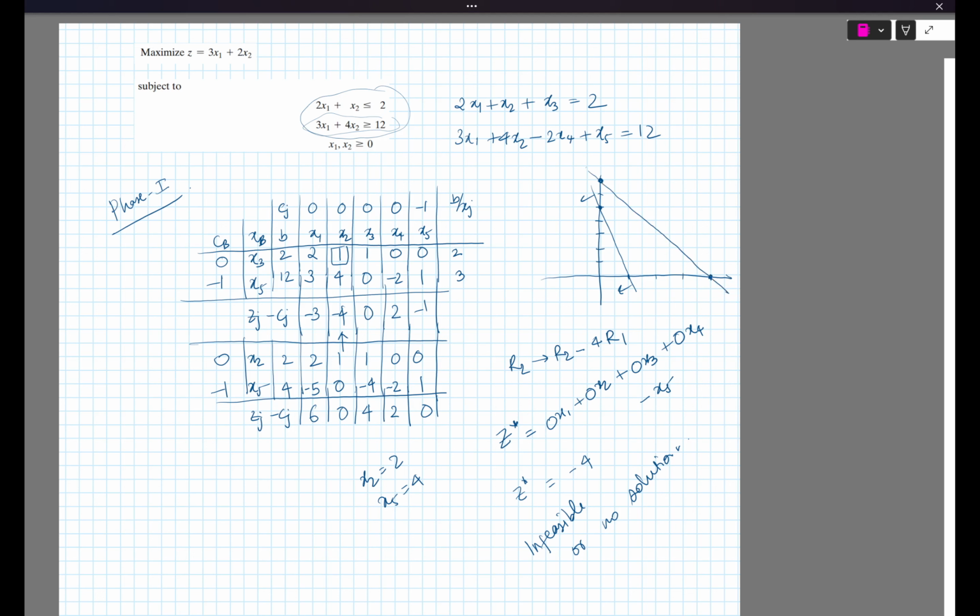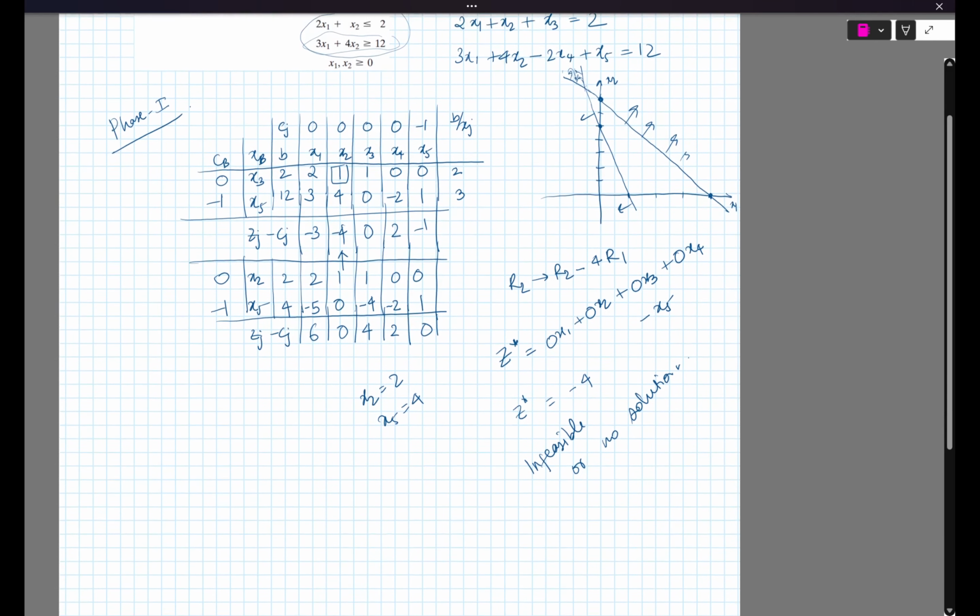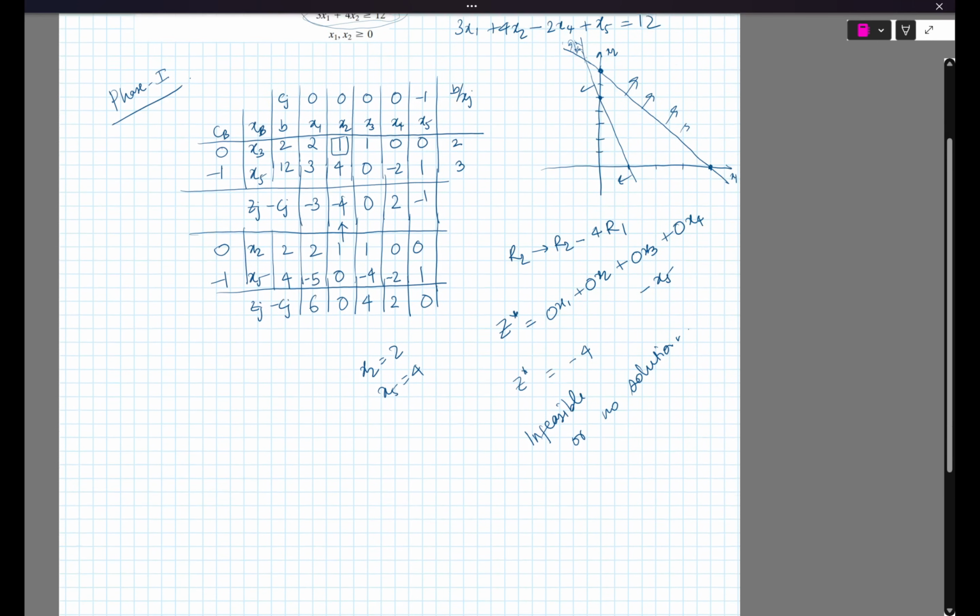Okay, something like this. And it's this way. Okay, so somewhere here you have the feasible region, but in this region my x1 is negative. So this is the basic solutions here, but it's not basic feasible. So this problem is infeasible, so we don't have a solution.